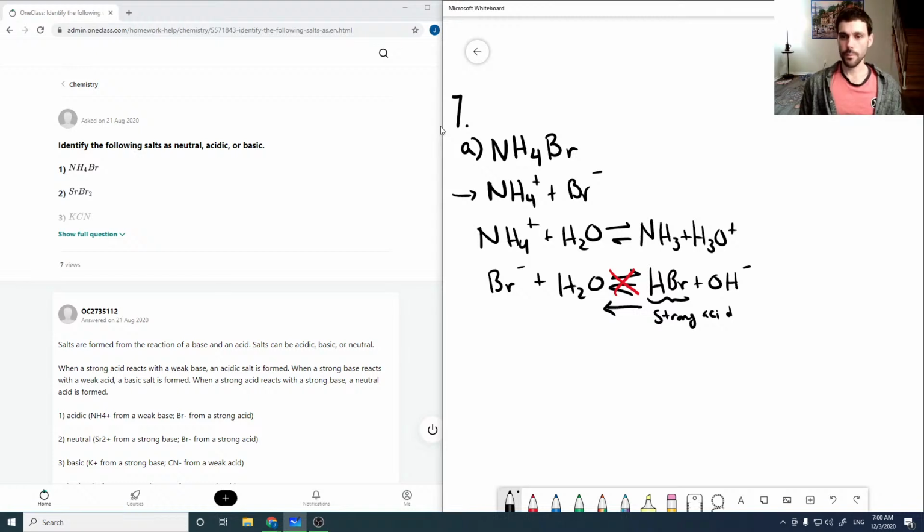Because this reaction doesn't occur, the solution is acidic. So this salt is an acidic salt. And now we can start to see a little bit of what the rules are here. This salt is formed from a weak base, so NH3 would have been the base, and a strong acid.